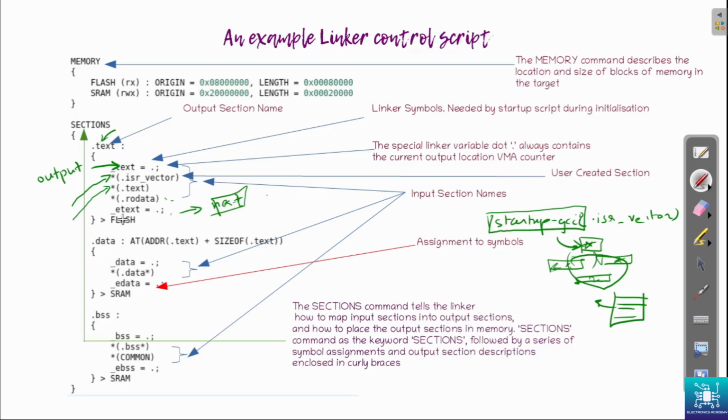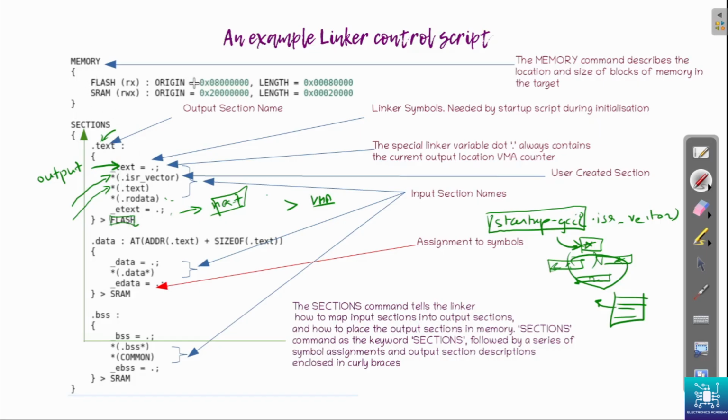Then this one is very important. We have a greater than sign and flash. Now what does this say? Greater than sign always stands for virtual memory address. So wherever it was organizing the input sections and moving them into the output sections, it is in the flash.